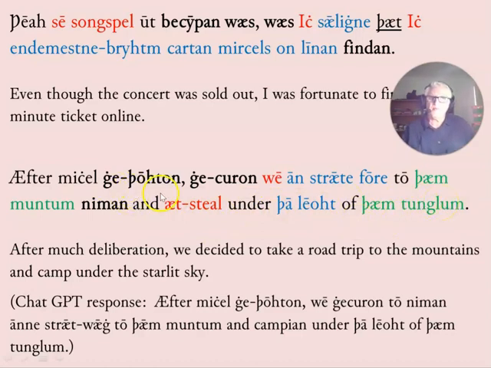Okay, so here, after much deliberation, here, that's a verb. It's at the end, of course, as it is in modern English here. Decided we, road trip and so on to the mountains to take. Now, decided to take, or we decided to take, is how we'd say it if it was a clause in its own right.